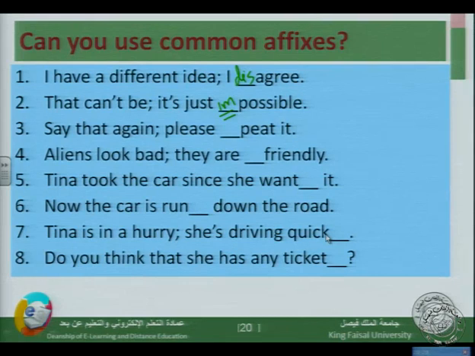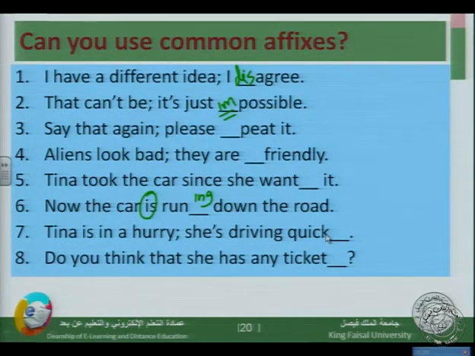Let me do, for example, number 7, or maybe number 6. Now the car is running. The car is, so you need to add ing, because here the verb run is preceded by the verb to be, and usually verbs that come after the verb to be must have the ing form, the present participle.